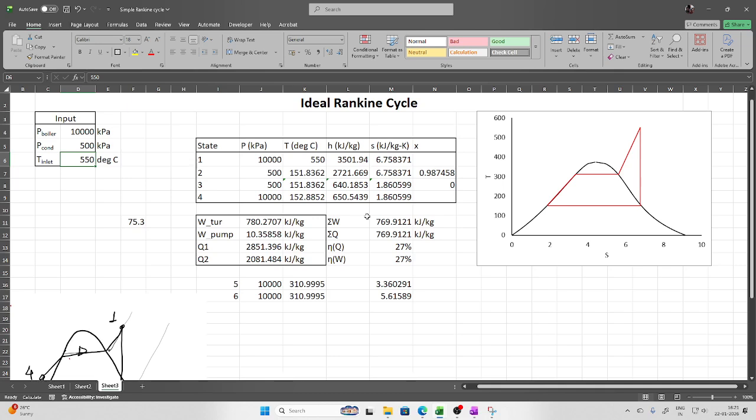Then we will be having something different. So this we will be handling in the next topic, how to model a Rankine cycle in which the turbine and the pump efficiencies are also there. And then we will be trying to understand the impact of boiler pressure and condenser pressure on the efficiency of the Rankine cycle. Okay, and then we'll be moving to our next topics. So thank you very much for watching this lecture till this point only. Thank you.